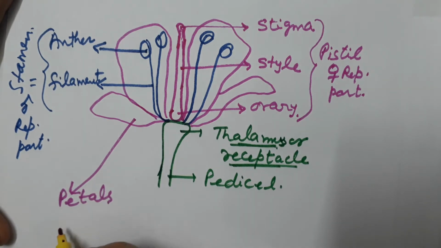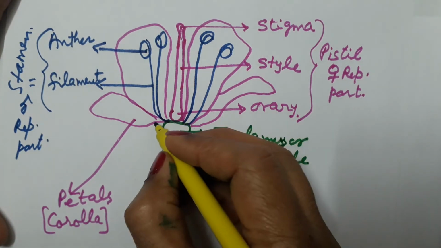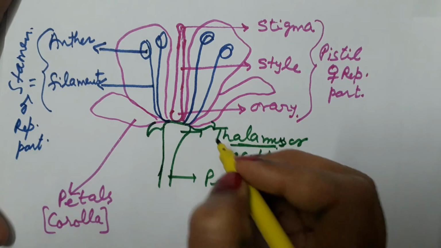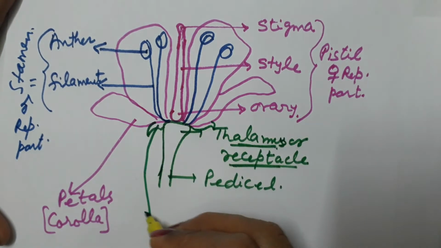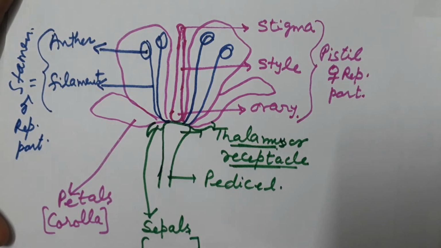Group of petals constitutes the corolla. And the last part of the flower, that is green leaf-like structure, they represents the sepals. Group of sepals together constitutes the calyx.